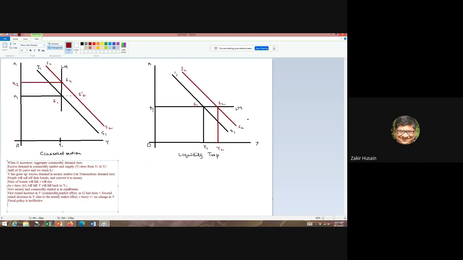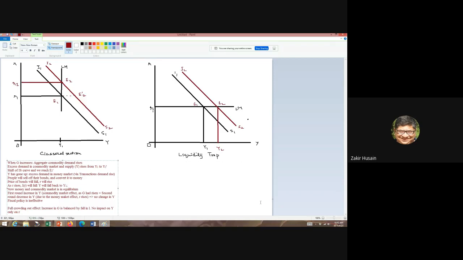So you can say you have full crowding out effect. The increase in G is balanced by fall in I. Okay, that is why there's no impact on income, only on rate of interest.